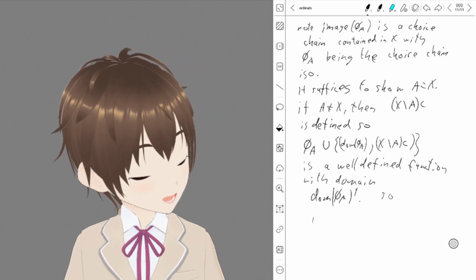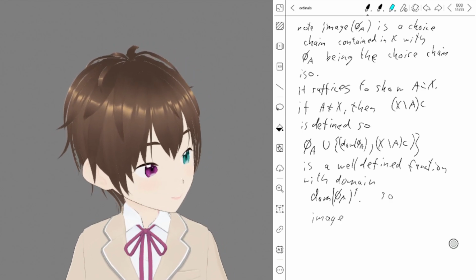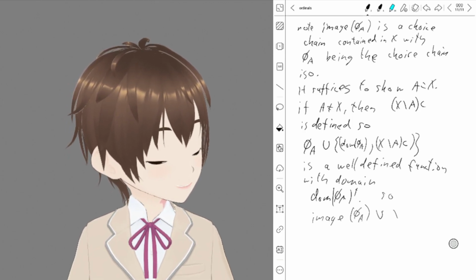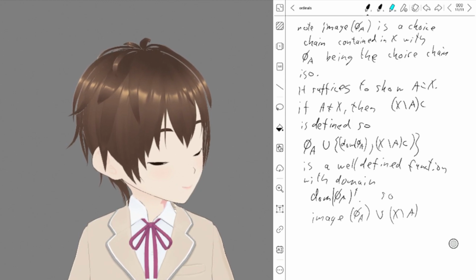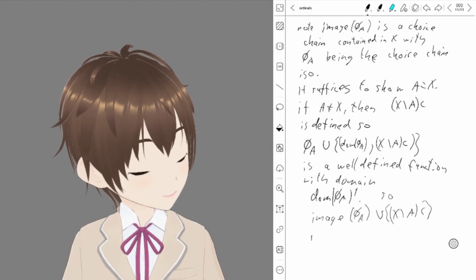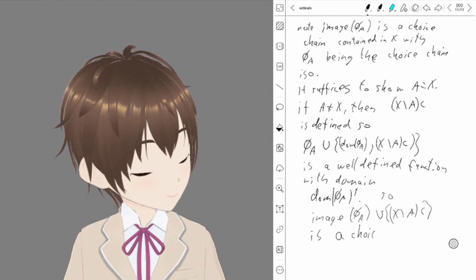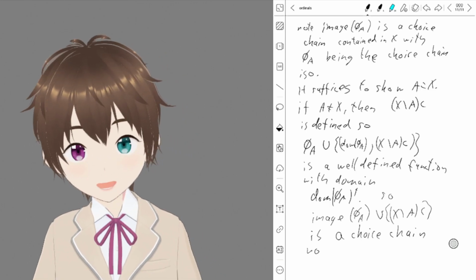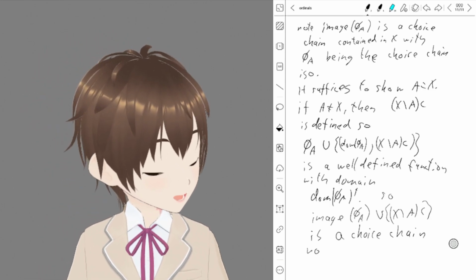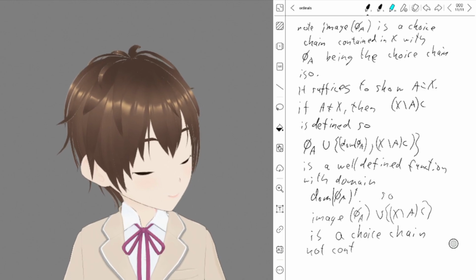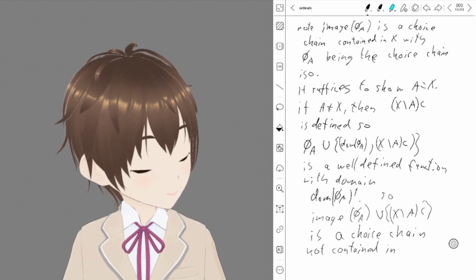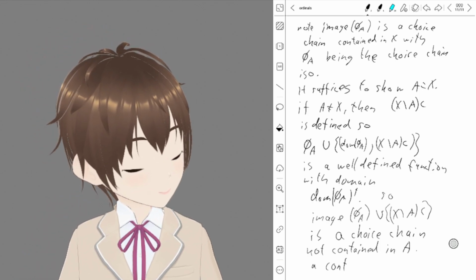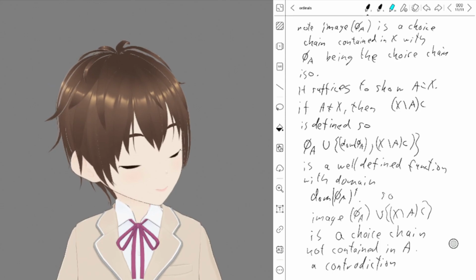So the image of phi A with this new point attached to it is a choice chain, and it's not contained in A because the set on the left is A, and I just chose a thing not in A to add to it. This is a contradiction because A is the union of all the choice chains. And that completes the proof.